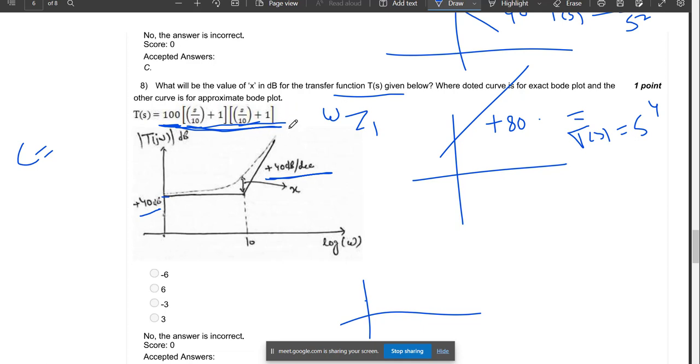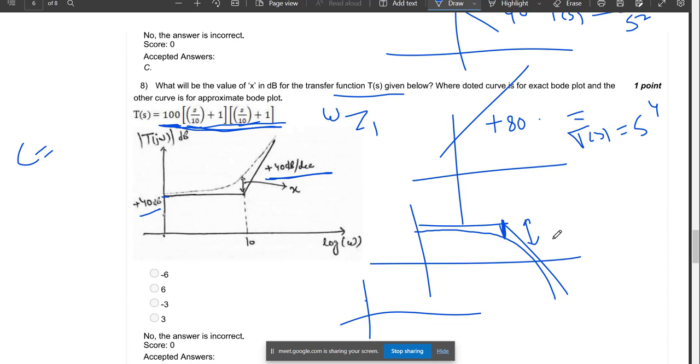The slope has changed, right? Now what happens is, when we draw the exact Bode plot and a pole is getting added, the difference will be 3 dB, and with every pole or every zero this value gets increased by 3 dB.